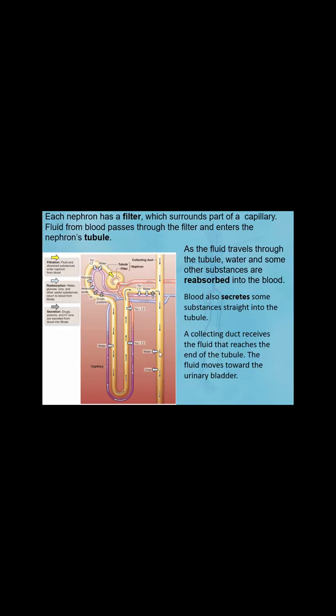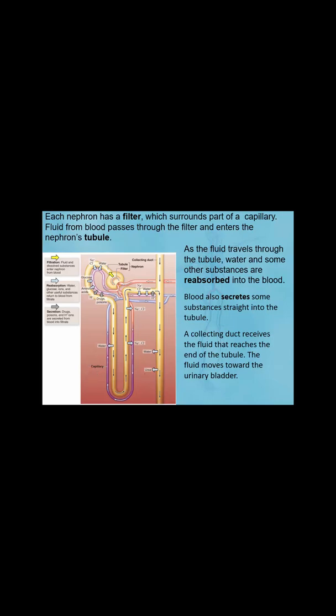Now in the collecting duct, water will be reclaimed, and some urea will be reclaimed. The urea is reclaimed because it plays a role in concentration levels between solutes and solvents over here for the loop of Henle.